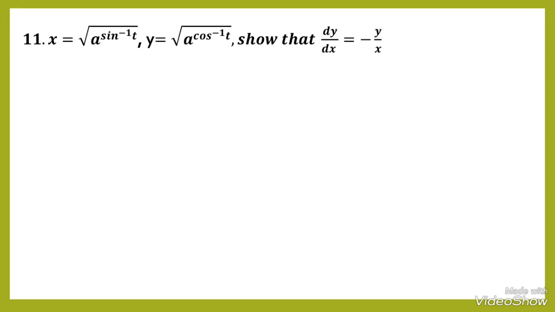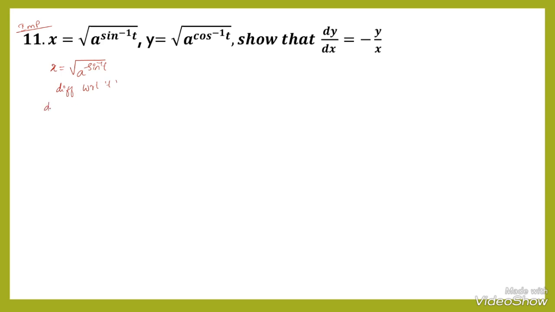Question number 11. This is one of the important problems. Most of the time the problem will be asked for 3 marks. First, I can consider x is equal to root of a to the power sine inverse of t. Then again differentiate with respect to t.